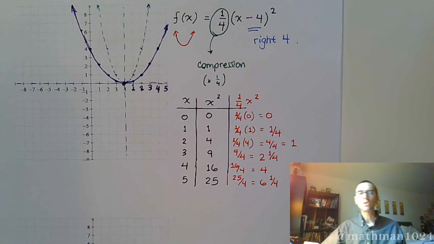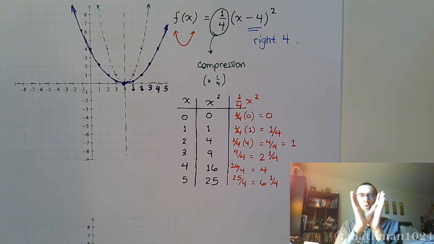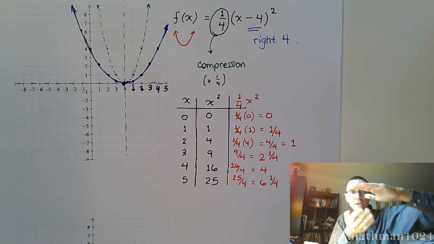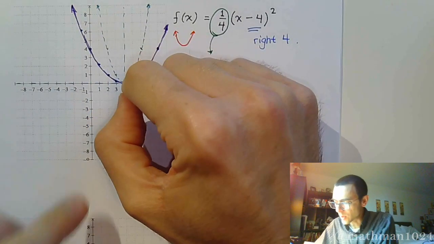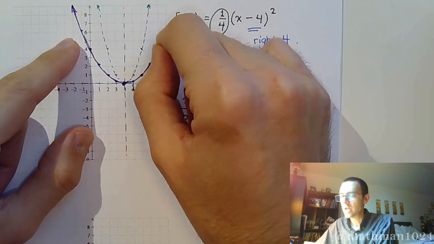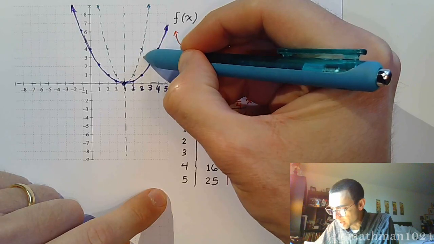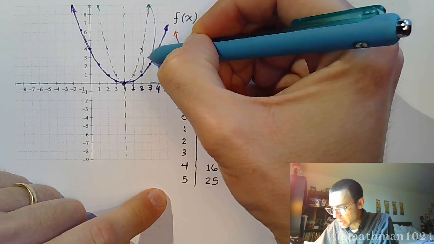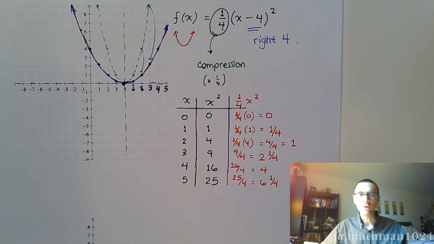Now again, what you need to understand is that when I have the 1/4 there, it's a vertical compression. So you're taking this one that was right here and you're putting the press on it. And when you press this down, it can't grow as fast. And so that's why it looks like it's a little bit wider. But again, you need to think about how you are taking this point right here and dividing it by 4 to get here. 9 divided by 4 gives you 2 1/4. So you are compressing that down.